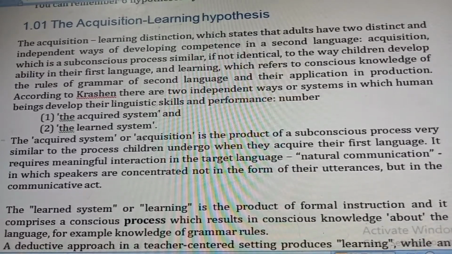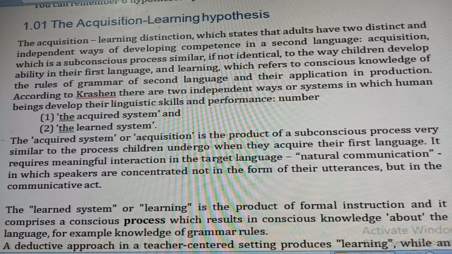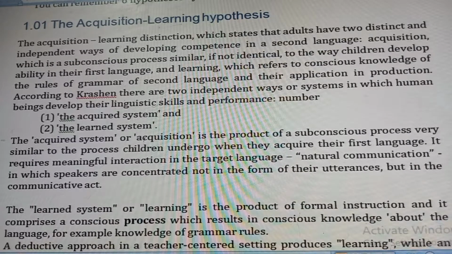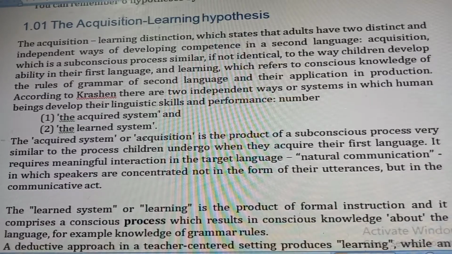The acquired system, or acquisition, is the product of a subconscious process, very similar to the process children undergo when they acquire their first language. It requires meaningful interaction in the target language, natural communication in which speakers are concentrated not on the form of their utterance but on the communicative act.